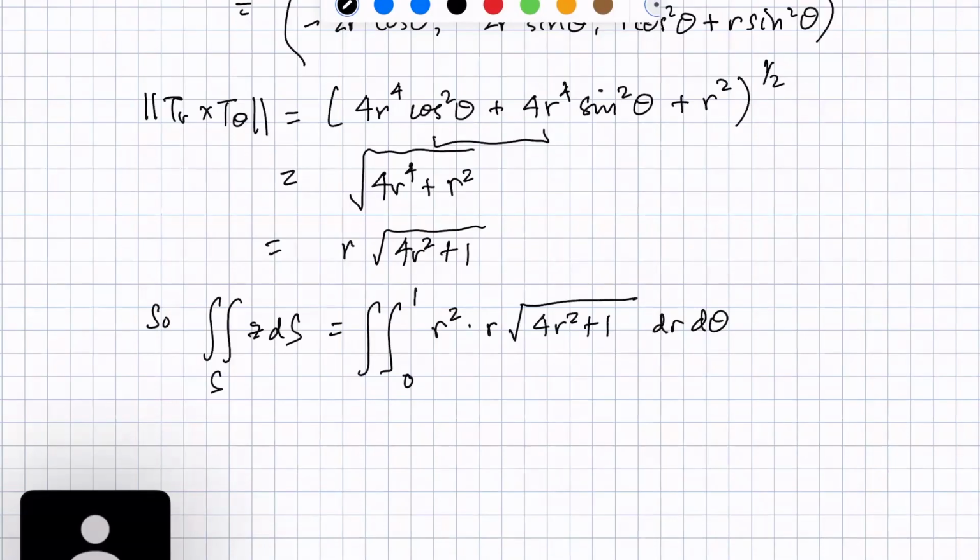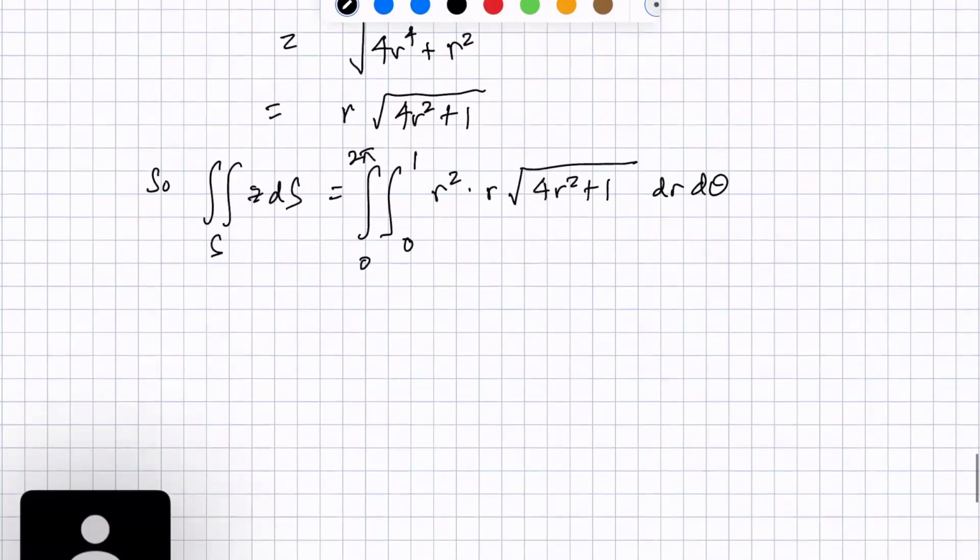R goes from 0 to 1, and theta goes from 0 to 2 pi. Now notice that the integrand doesn't have a theta inside of it, so I just get a 2 pi times this integral right here. Now, for reasons that we'll see later, I'm going to keep these two separated and not write it as r cubed.